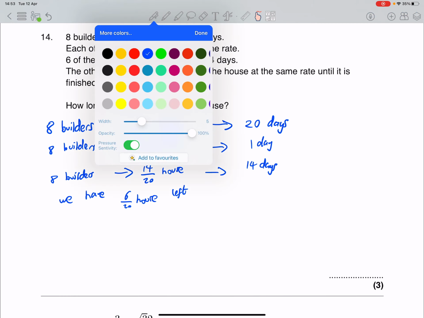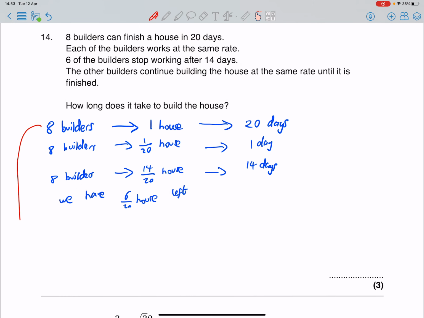So if I take this first relationship, 2 builders, we've now divided the builders by 4, so we can think about it in 2 ways. Either it would take 4 times the time to build one house, or we'll build just a quarter of a house in 20 days. I'm going to do it by considering the quarter of a house. So 2 builders will build a quarter of a house in 20 days.